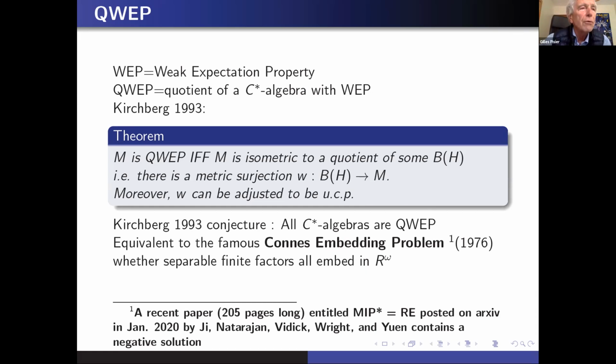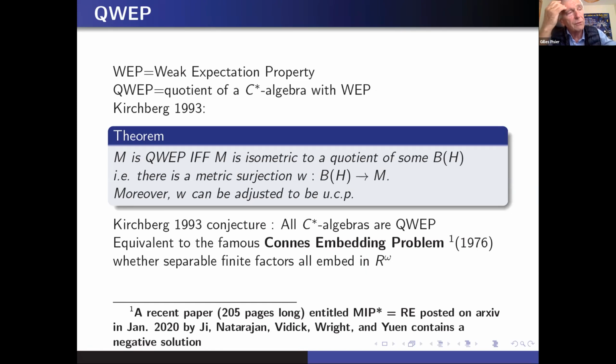And it's equivalent to the Connes embedding problem. That's precisely what he proves in this Inventiones 1993 paper. The Connes embedding problem, as of course all of you know, asks, in the original form, whether separable finite factors all embed in an ultrapower of the hyperfinite factor R. So this is this R omega here, and it can be formulated in many other ways.